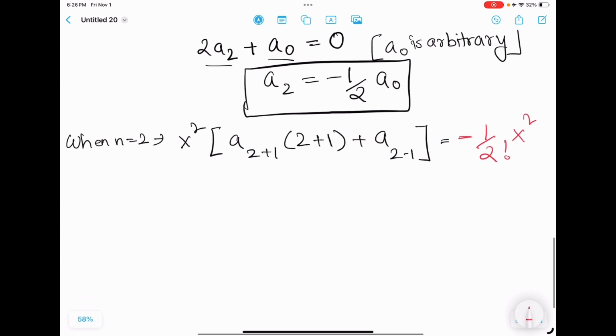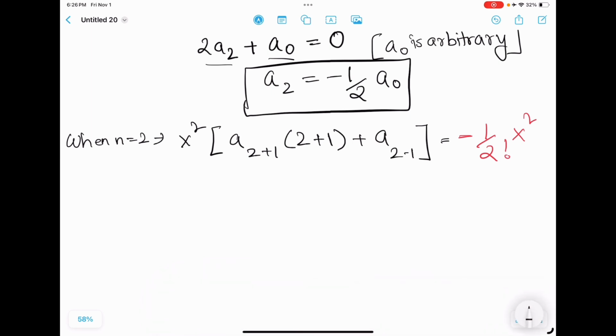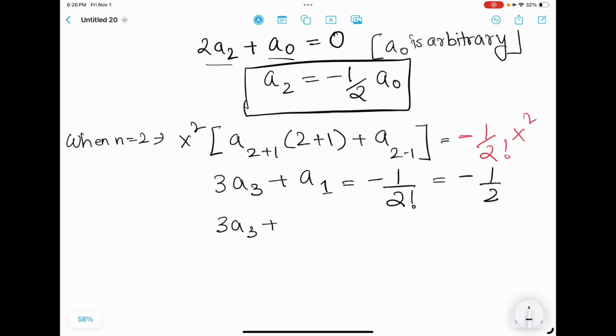Okay, so now taking out the squares, I just have 3 a sub 3 plus a sub 1 equals minus 1 over 2 factorial, which is just 2. Just write negative half. Okay, so now I know what my a sub 1 is, which is 1. So let's just plug in the value.